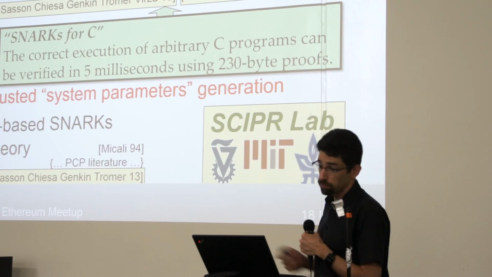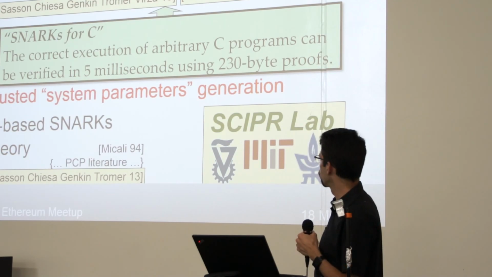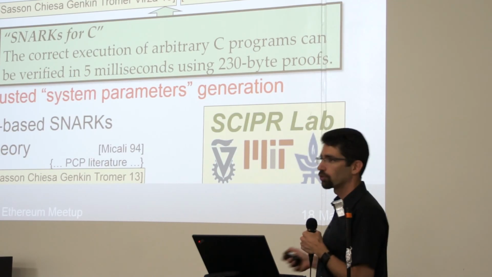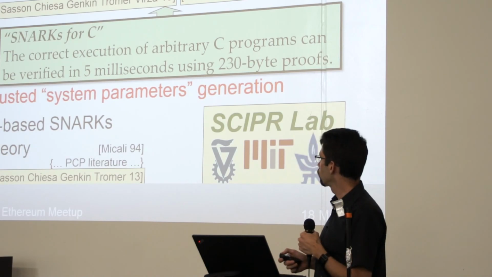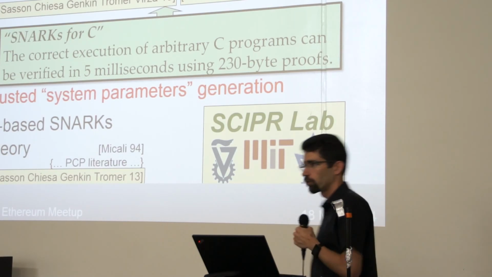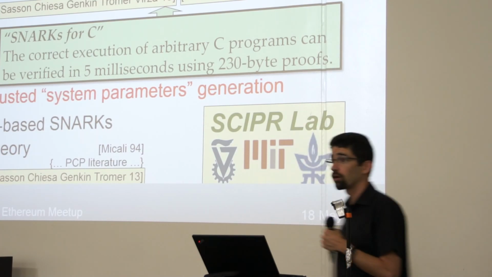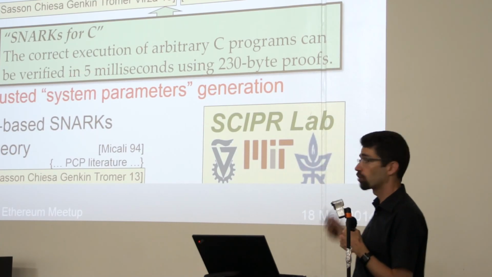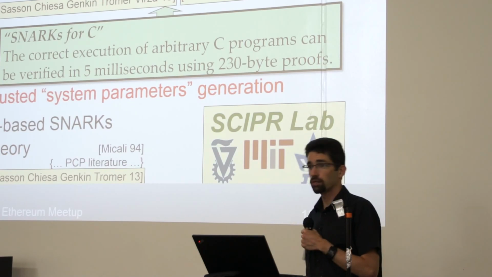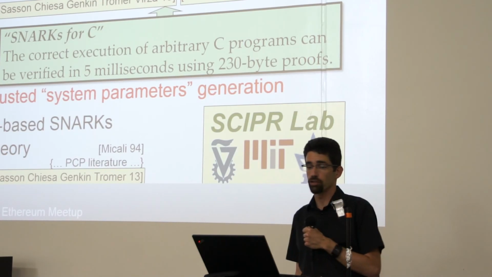And part of the slide that got cut off says that if you go to scipr-lab.org, you can see all of these papers and read more about the underlying techniques. The reason I'm emphasizing this is that these underlying techniques are very general, as suggested by Snarks for C, and we'll be discussing some other potential applications for them beyond ZeroCash.